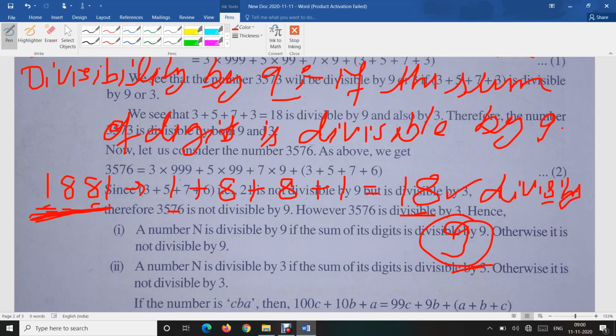These are some rules which you have to keep in your mind while solving questions, and by using all these tricks which I have told you, you can answer quickly in terms of divisibility.